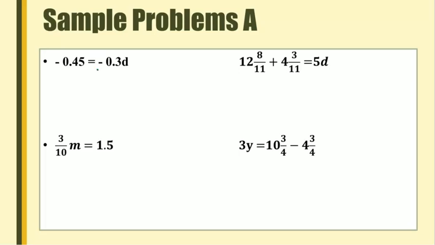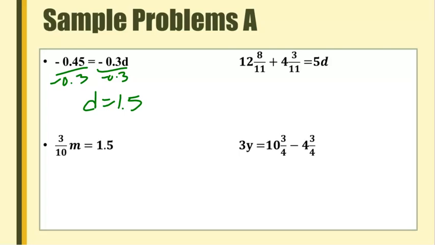More examples here. I'm going to divide by negative 0.3 to get d by itself. And negative 0.45 divided by negative 0.3 is 1.5. So d is equal to 1.5. This next one here I need to combine.